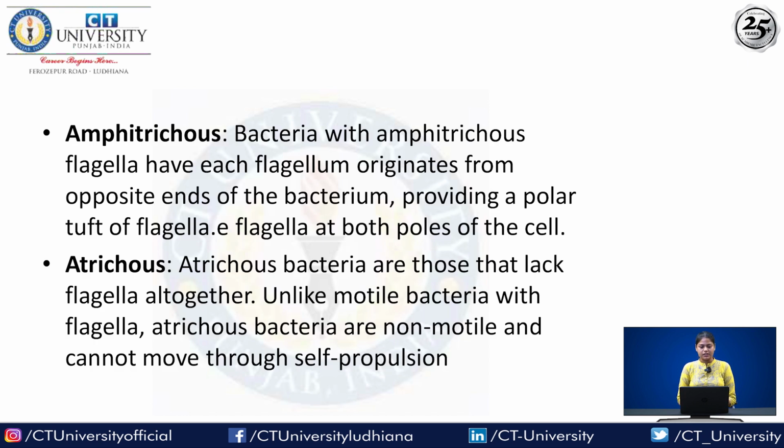Next, amphitrichous. As I have told you, in amphitrichous the flagella are present on both sides. It means the bacterium can move bidirectionally. Atrichous, when there is no flagellum on the bacterial body. Mostly these kinds of bacteria are non-motile, meaning they can't move from one place to another.